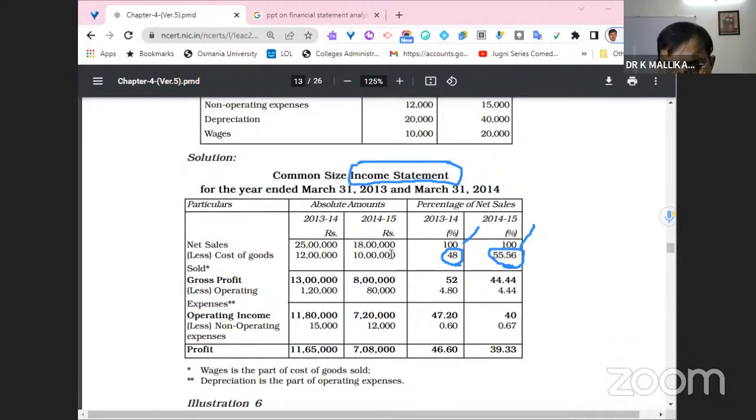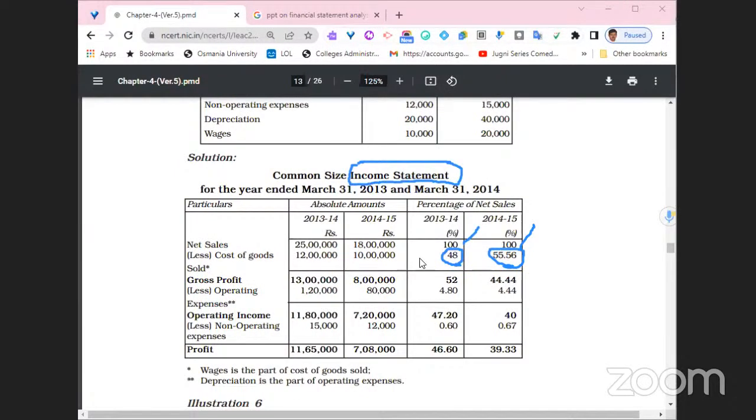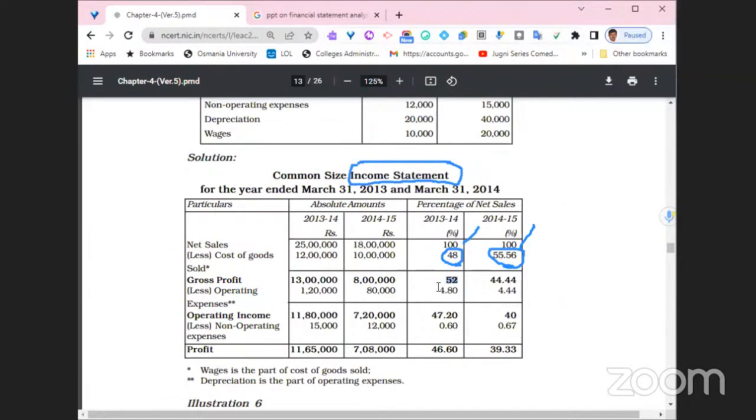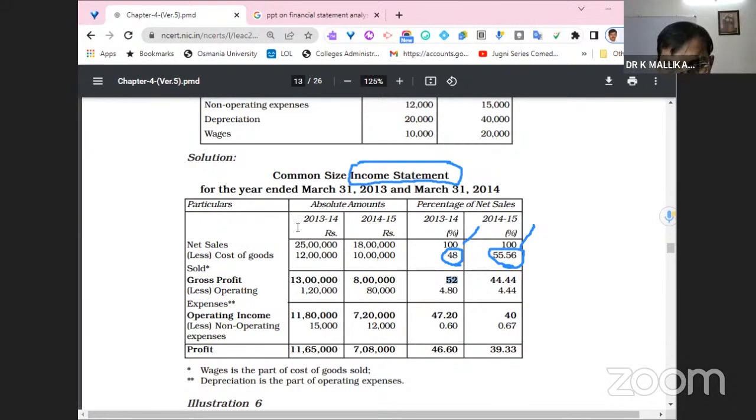Super. What about this one? 10 lakh divided by 18 lakh. Super. What about this 52%? How will we get this figure? 13 lakhs divided by 25 lakhs. Next, 1 lakh 20 divided by 25 lakhs, 11 lakhs 80,000 divided by like this. Okay, now we get this, right?